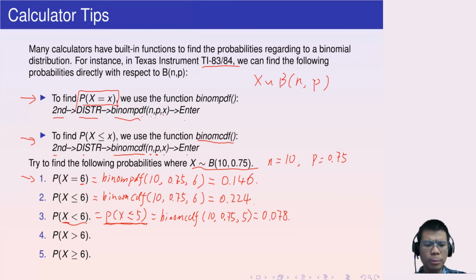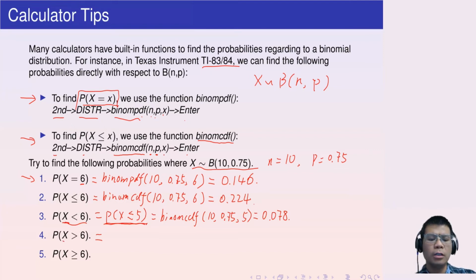Now what about the fourth one, X greater than 6? How do we find the probability for X to be greater than 6? For this one, we can use the complement rule.